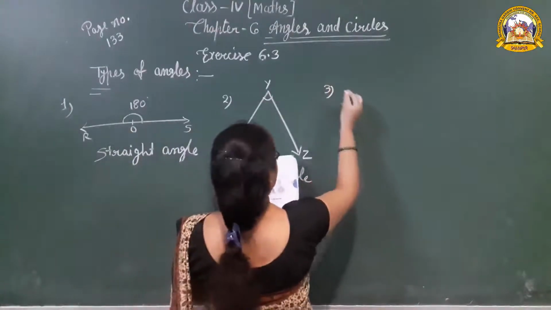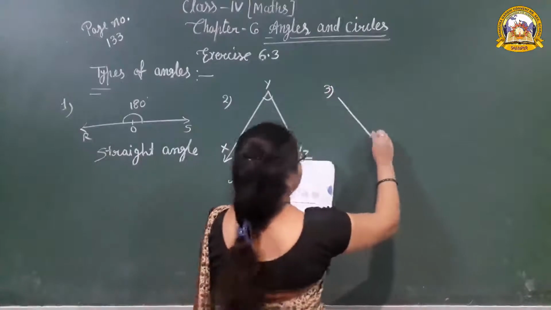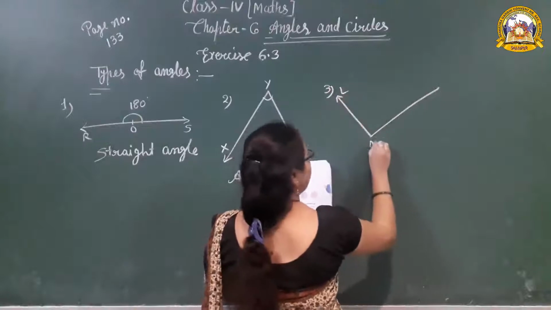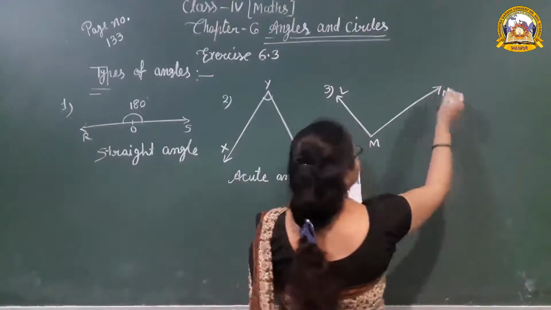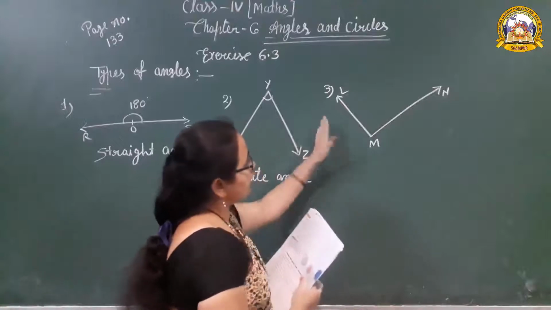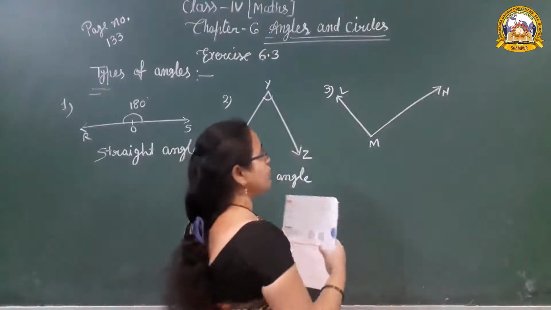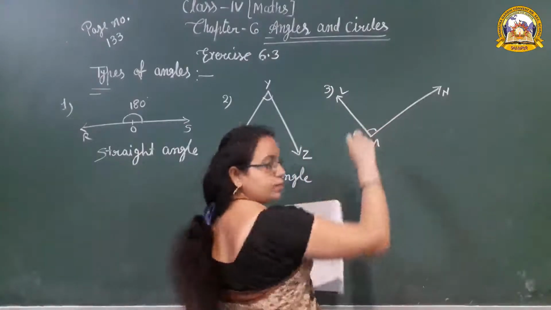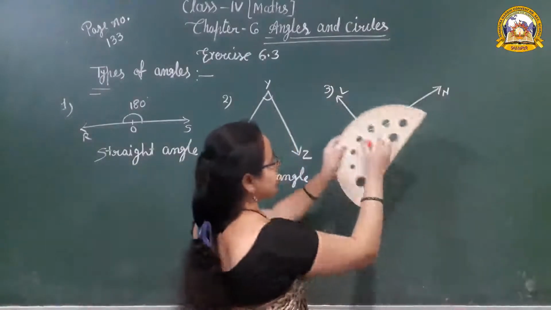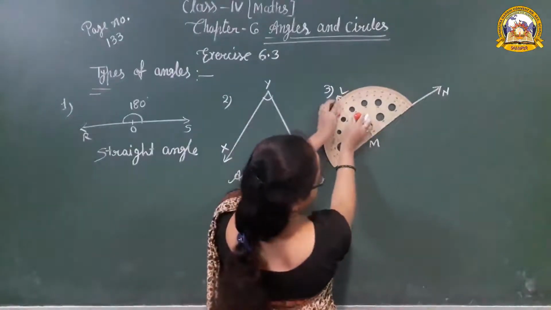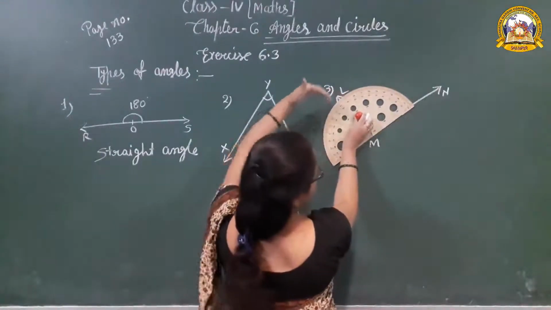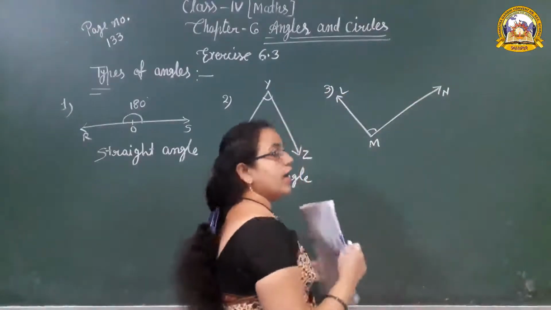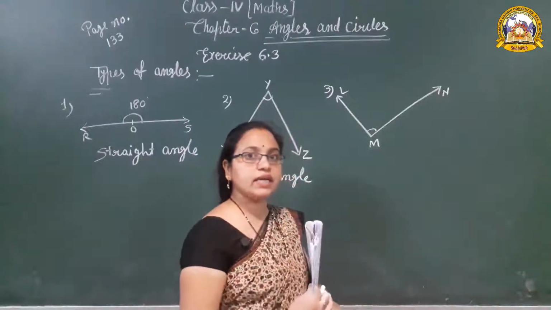Now third, in the third figure, L, M, N. Which type of angle is it? It is an obtuse angle, meaning more than 90 degree. When you measure it this way, okay, you will see it is more than 90. So it means that it is an obtuse angle. And what is the speciality of the obtuse angle?